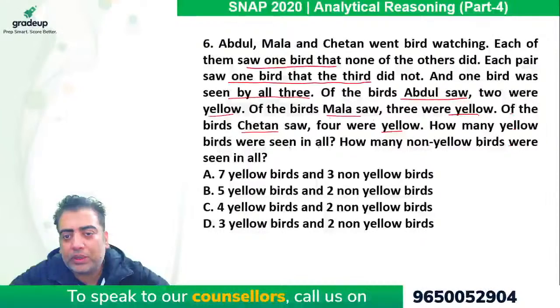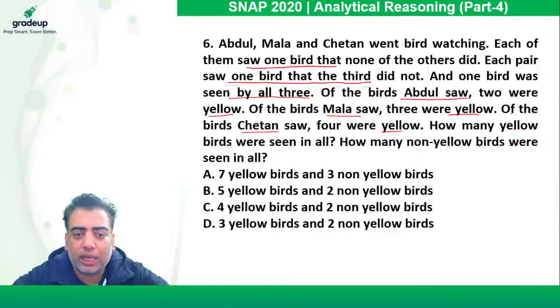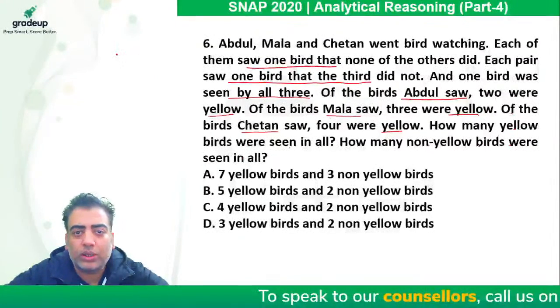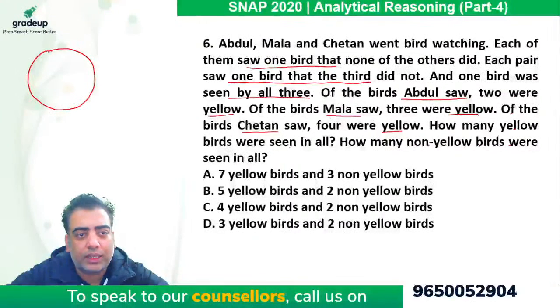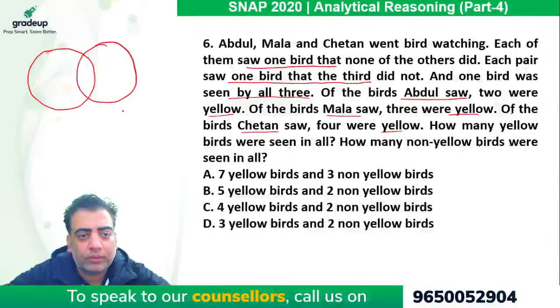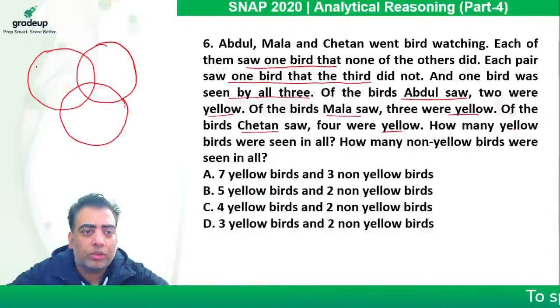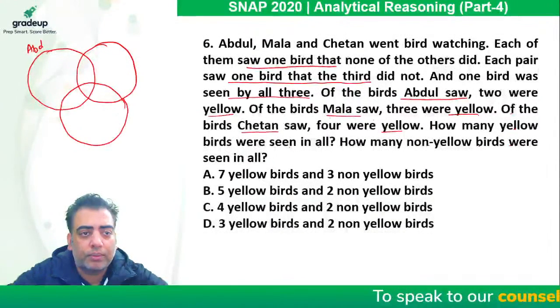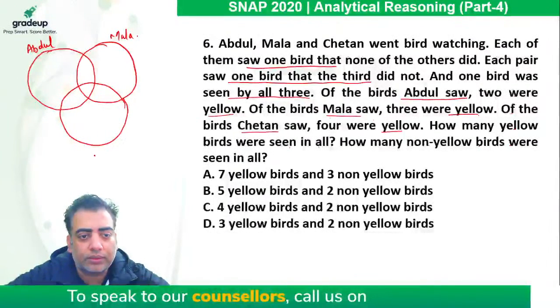So out of the information given to me, it is pretty clear as they are watching one or the other thing. So let's draw the Venn diagram here because the combination of the data is also given. So we need to put all the values here. So one is Abdul, Mala, and Chetan.